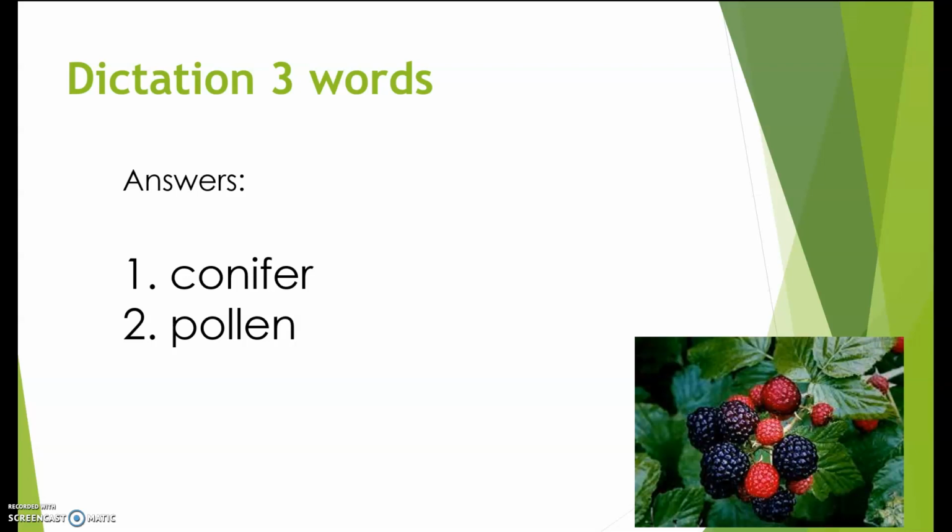Number 2, pollen. P-O-L-L-E-N. Pollen. Number 3, nourish. N-O-U-R-I-S-H. Nourish. Very good.